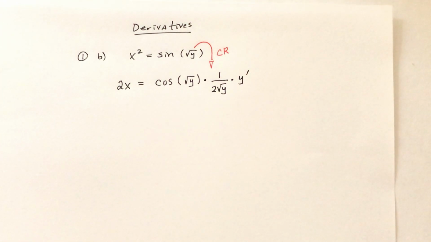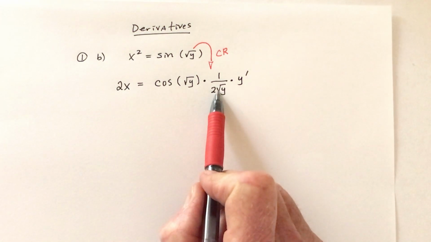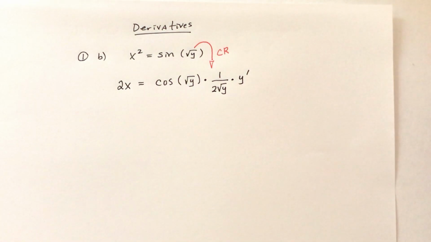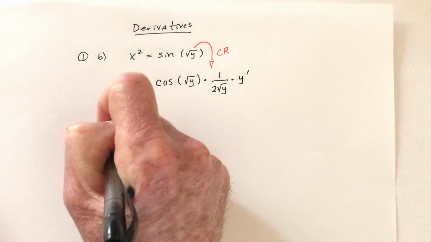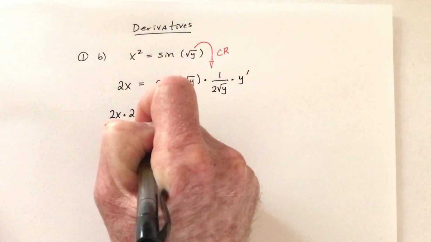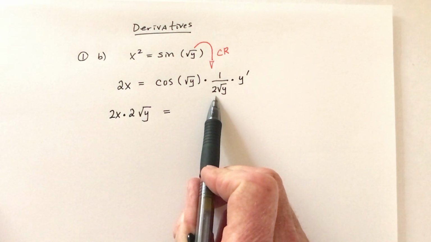Okay, there we go. Now that I've done the derivative, I just need to do some algebra to solve for y prime. So I'll take this 2 square root of y and multiply it so that on the left side the 2x gets multiplied with 2 square root of y. So this has been eliminated.